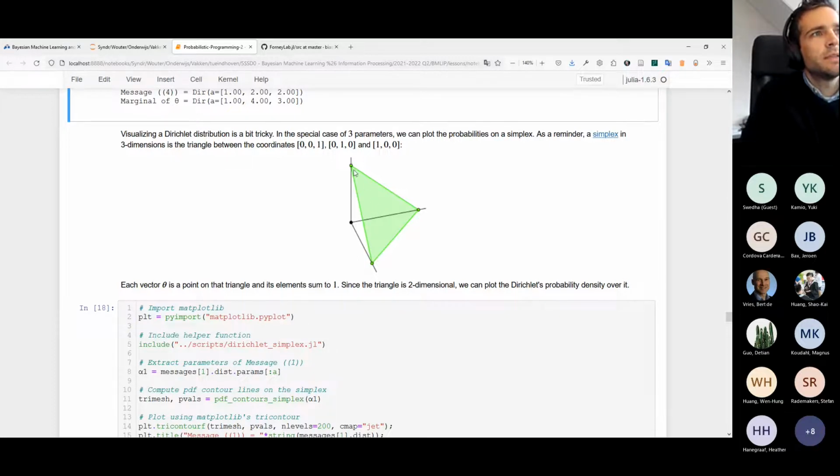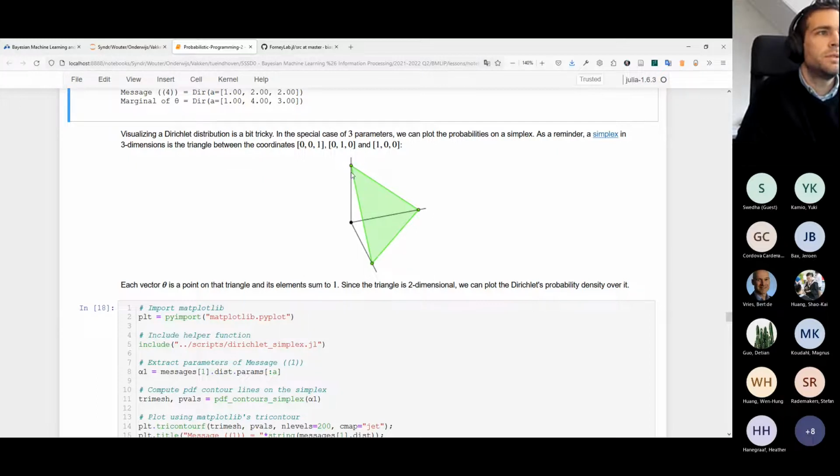So this probability distribution, if it's uniform, means that every possible point on this triangle is equally probable. And if it's not uniform, if it concentrates in some area, then some location on this lower dimensional space has higher probability than some other location.